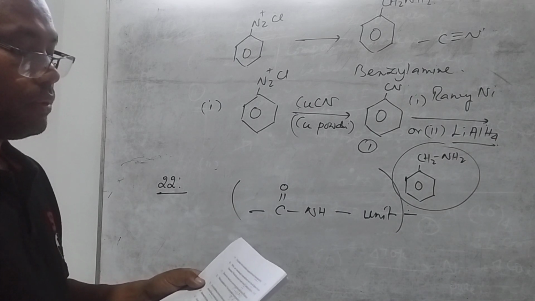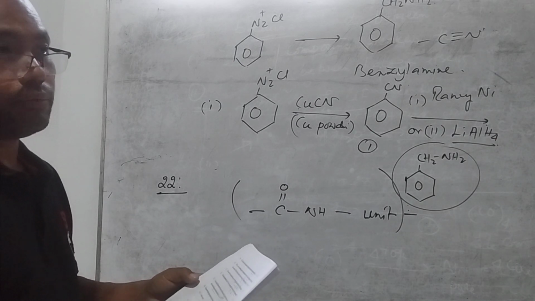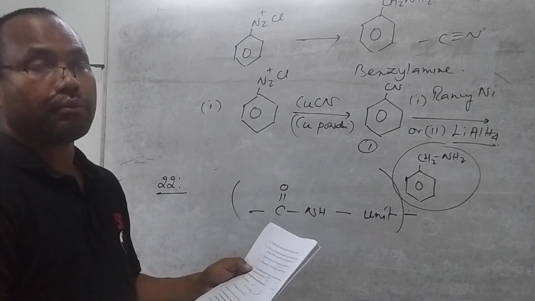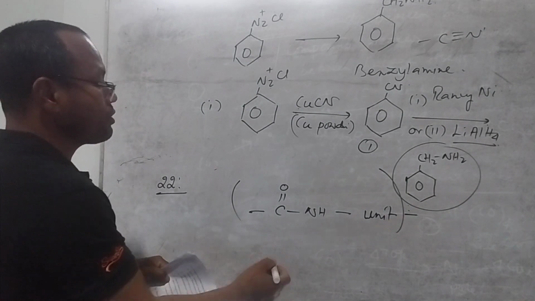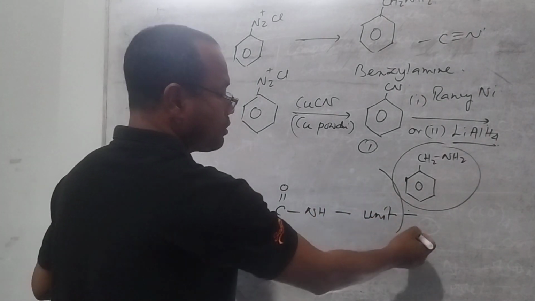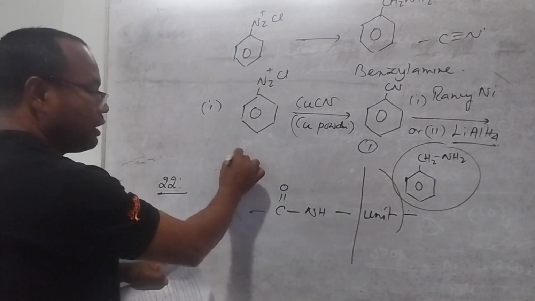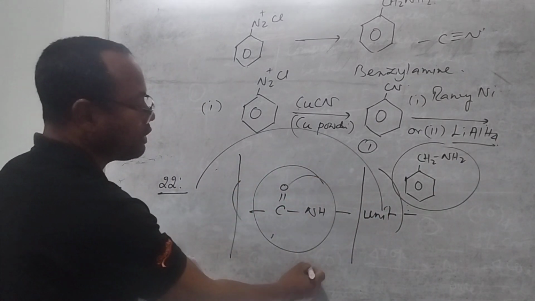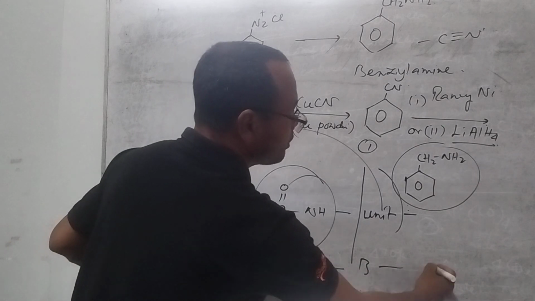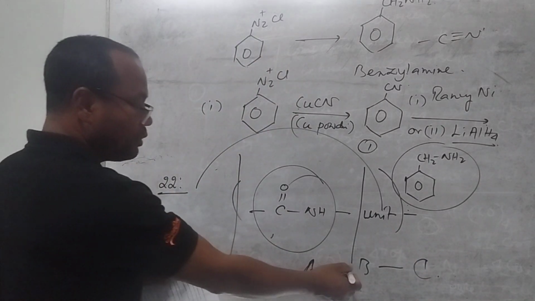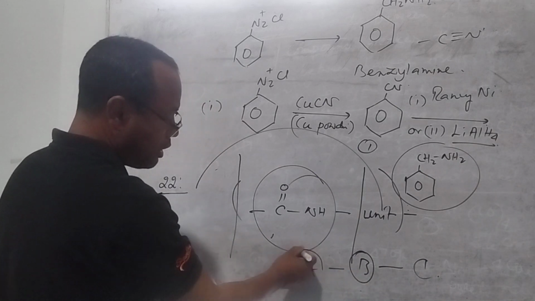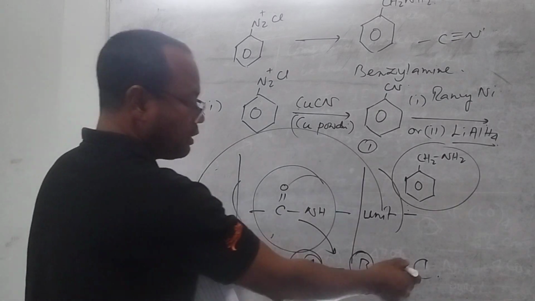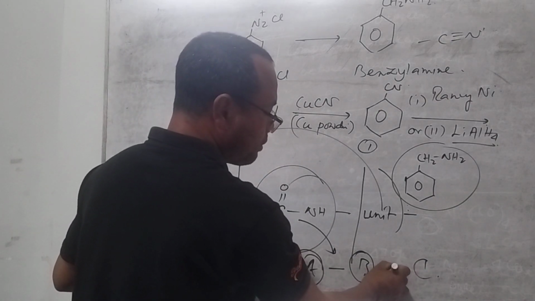How many peptide bonds are present in a tripeptide? A tripeptide chain is formed by 3 amino acids. Suppose this is one amino acid and this is another amino acid. In between the 2 amino acids, one peptide bond is there, and between the next 2 amino acids, another peptide bond should be there.